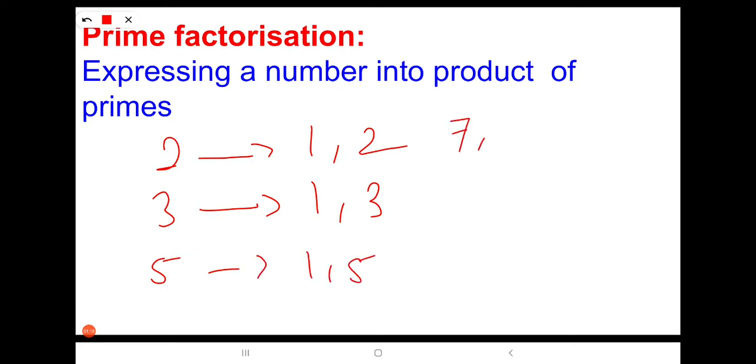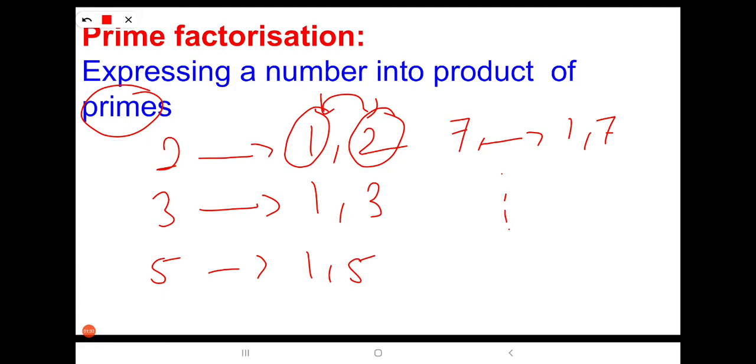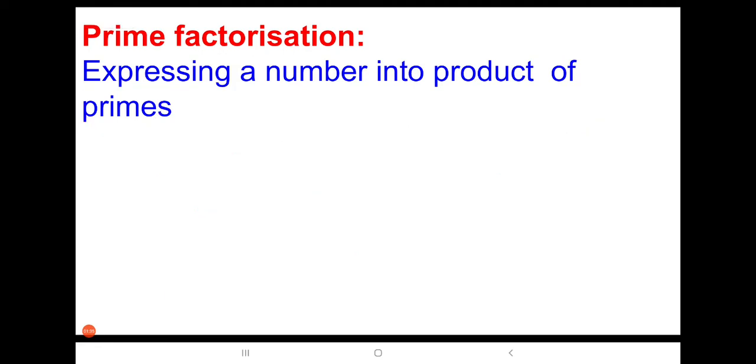And coming to 7, what are the factors? 1 comma 7, and so on. So a number having only 1 and itself, if there are no other factors, then that number is called a prime number. I think you have got the idea about prime numbers.